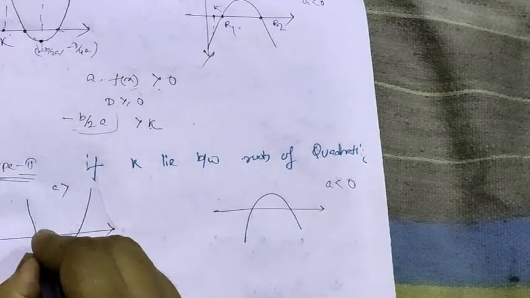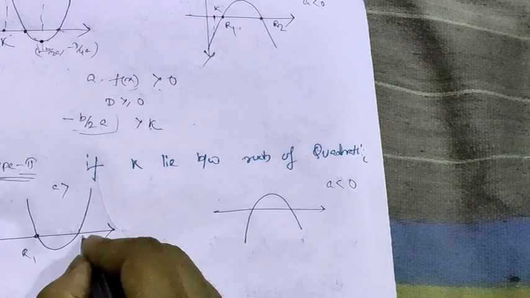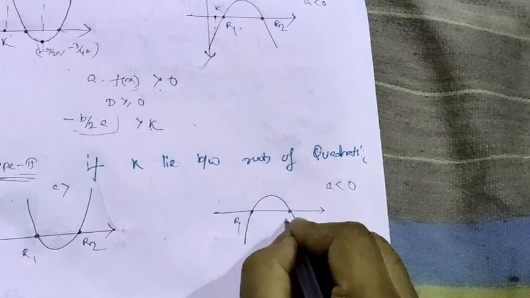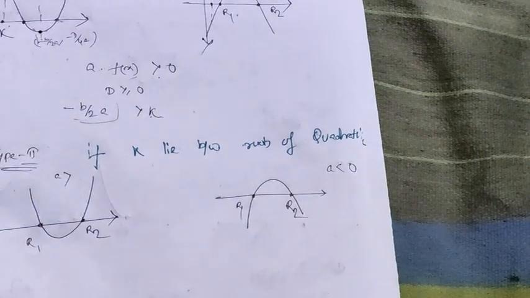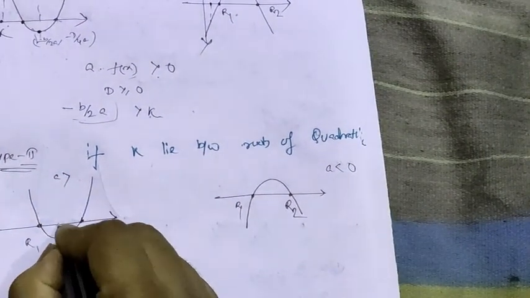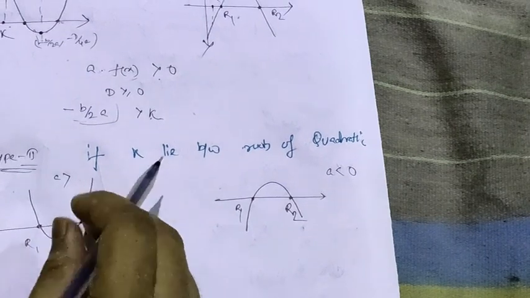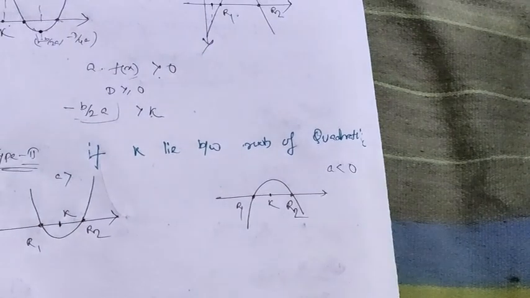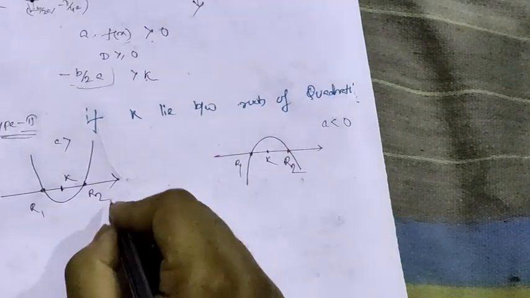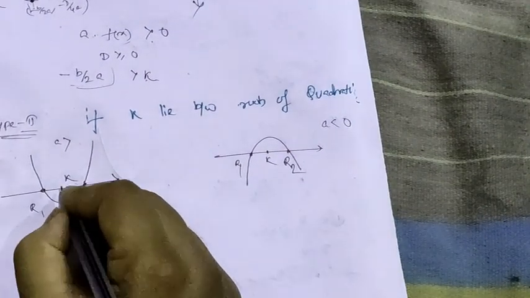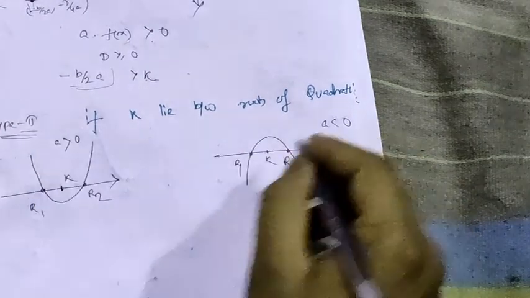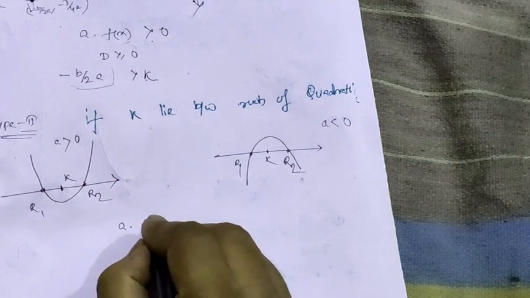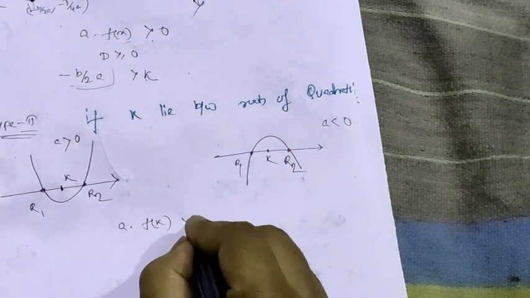The roots here are r1 and r2, here also r1, r2. Here I have told that k lies between the roots, so k will be in this part, and I assume k is here, and here also k is here. So you have to check the condition on f of k, for a greater than 0 and a less than 0.